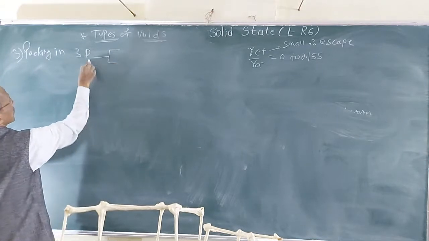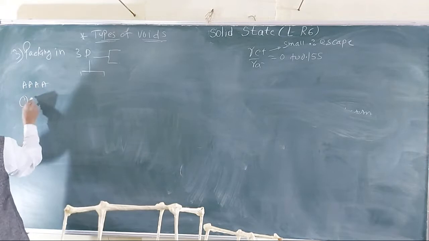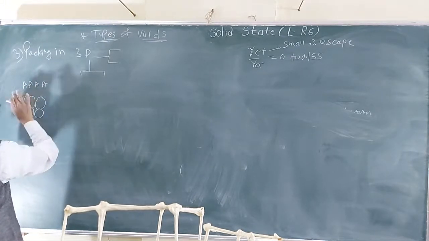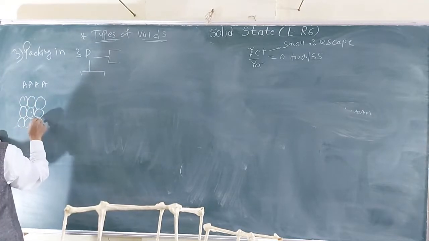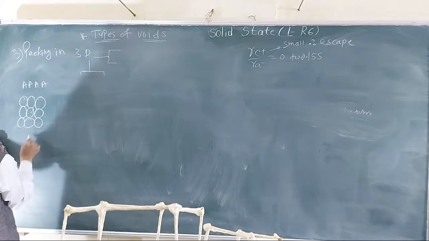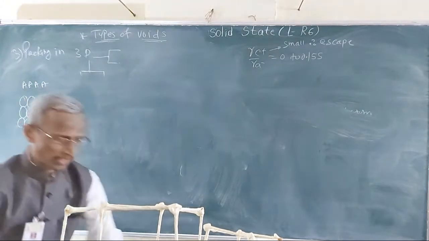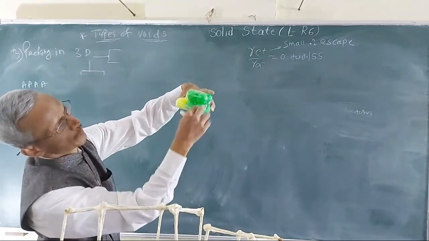One is, suppose, the AA type. So here consider this type like this. If you consider this one, suppose like this, this is the bottom layer.